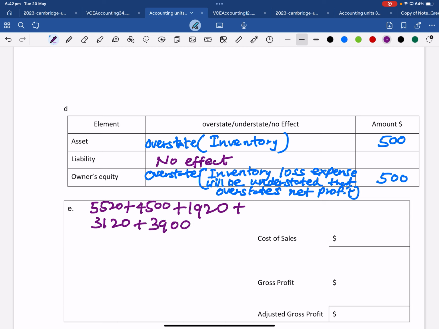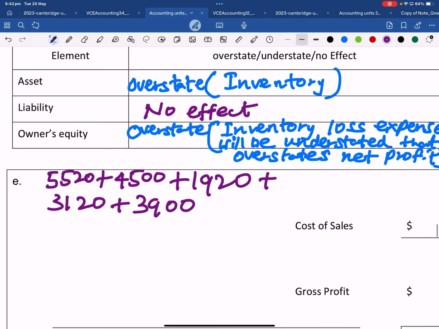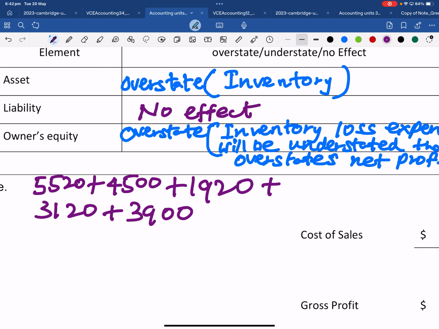Now we have to add all of them. After that, there is another problem. What's the problem? This is what we have. I mean, this is the cost of sales, what we sold. It's the cost of the inventory that we sold. But also, there is a problem. Some of our customers returned what we sold to them.